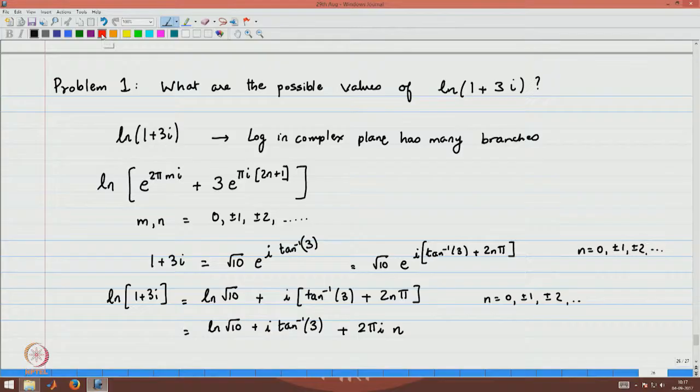What is important here is that if you just write 1 plus 3i, you cannot factor it, but if you write it in polar coordinates, it becomes easy to take the logarithm. So, in this case it is better to work in polar coordinates.